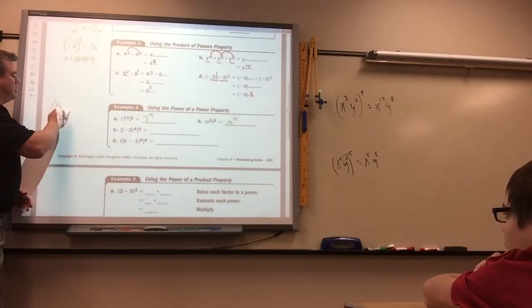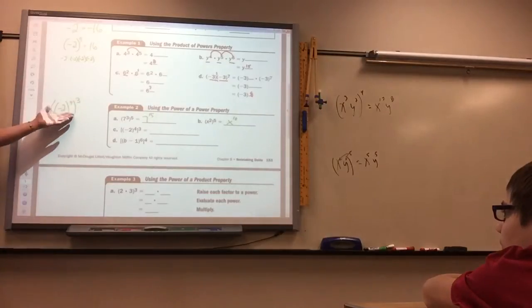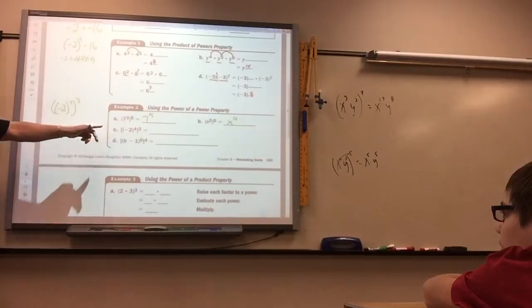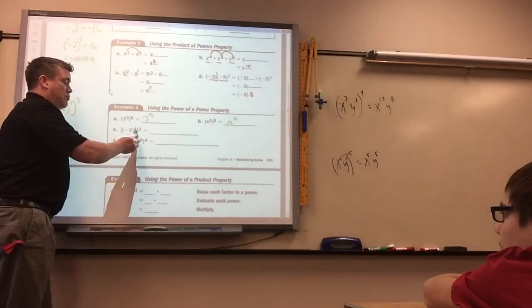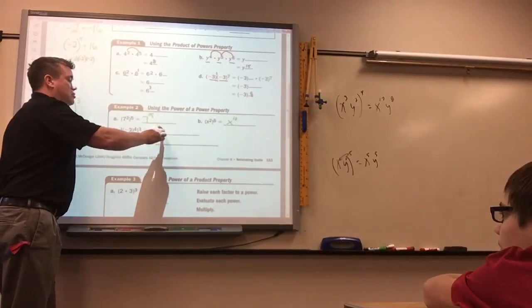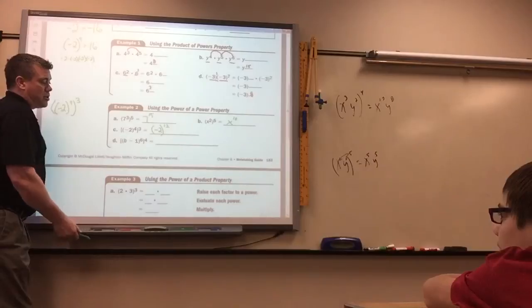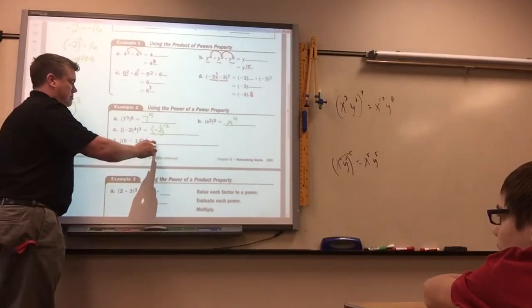It could be written like this. That would be the same as with that. It's just sometimes it's easier to read if you use different style of brackets. So all this is negative 2 to the 4th to the 3rd. It would be negative 2 to the 12th. On this one, this 6 to the 4th would change to a 10.